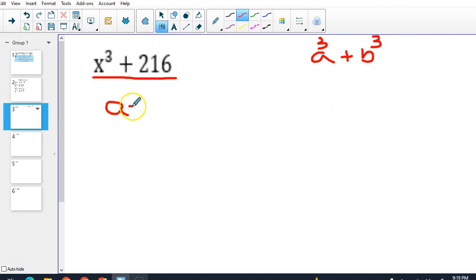So a is going to be the number that times itself 3 times is going to be equal to x cubed. So it'll just be x because x times x times x is x cubed. You can notate this with a cubic root.